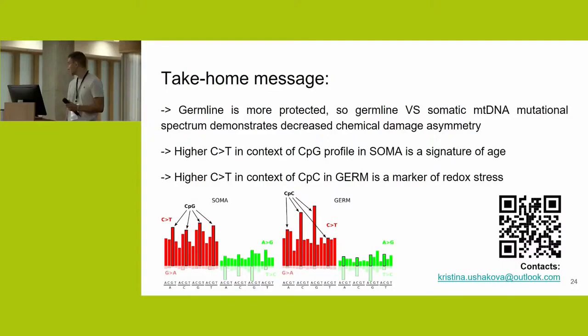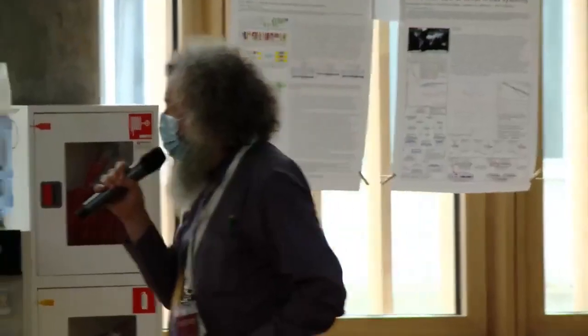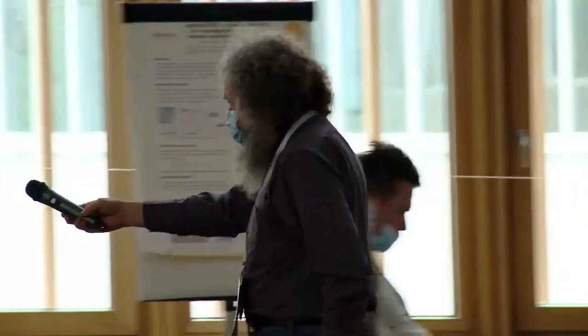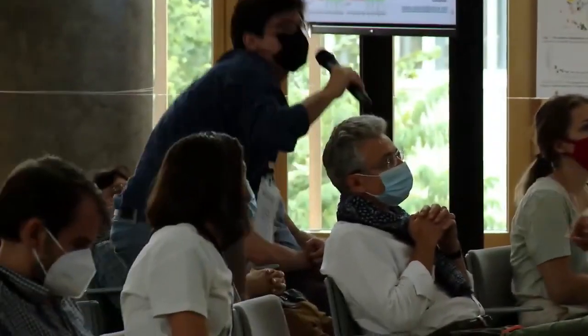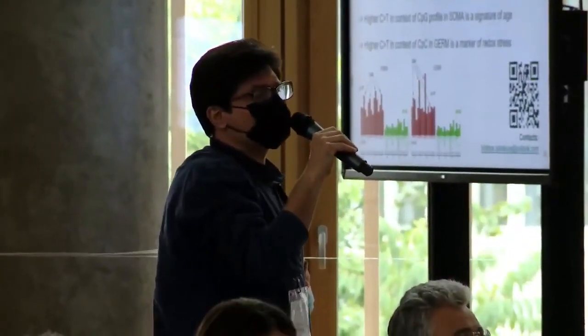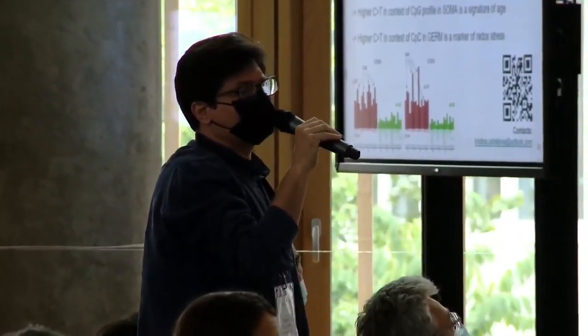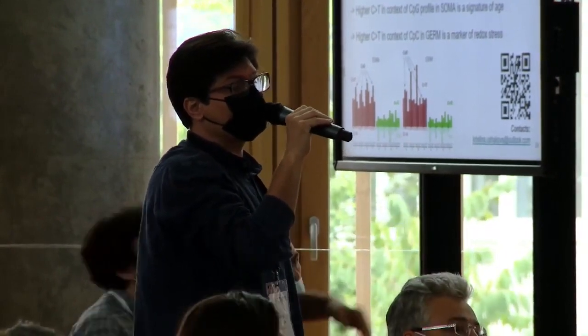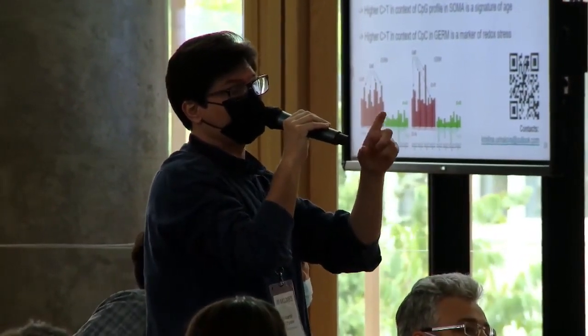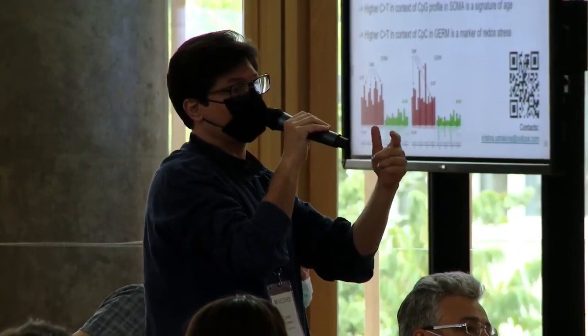Thank you. It's perfect timing, and we have time for questions. Just a quick clarification: there is a very strong strand dependency in mitochondria in mutation characteristics with respect to replication direction.